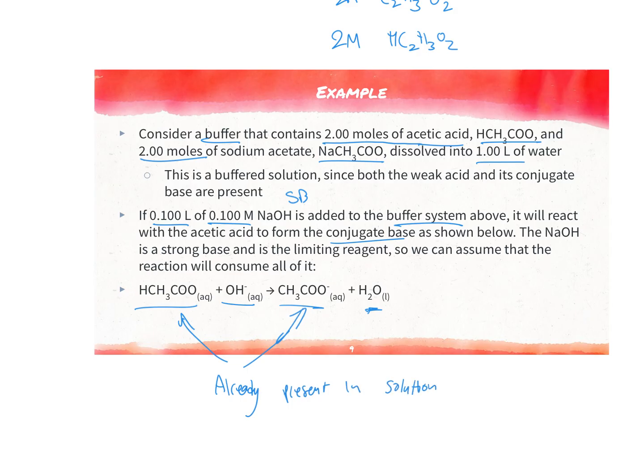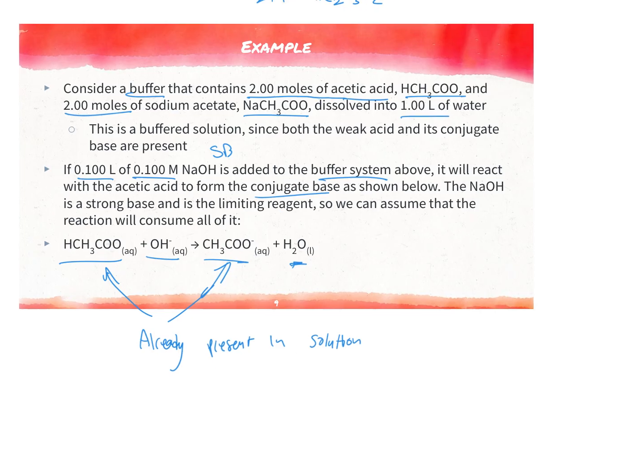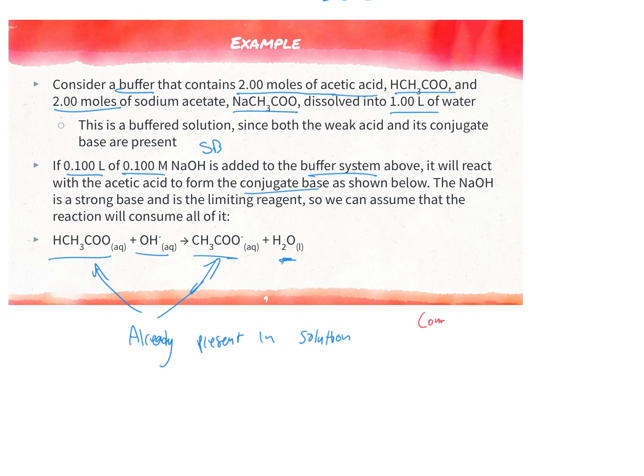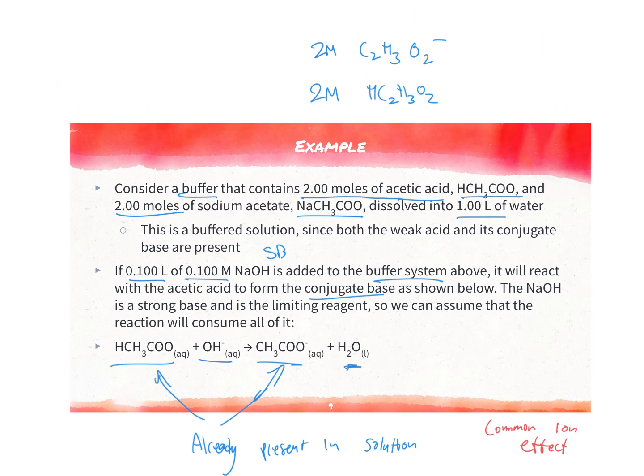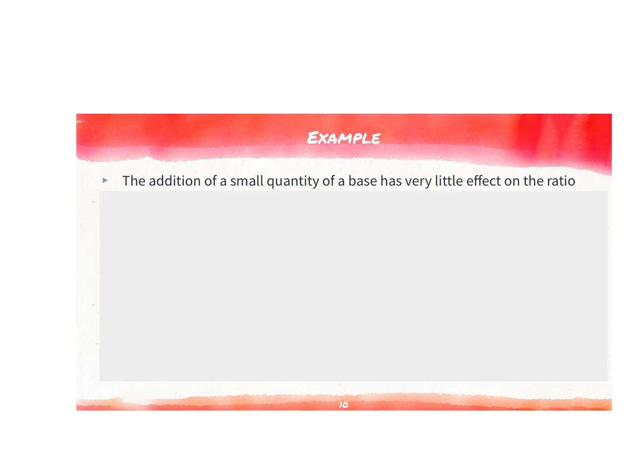Another way to think about this, if we think back to Unit 7, is that this is similar to the common ion effect. In the next slide, I'll show you what this looks like in terms of a Rice table. So let's keep all this information in mind: 2 molar each of these, and 0.1 liters of 0.1 molar NaOH.